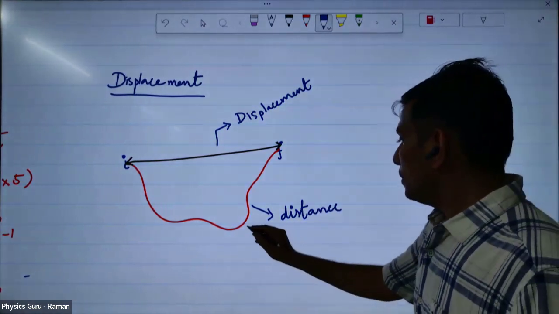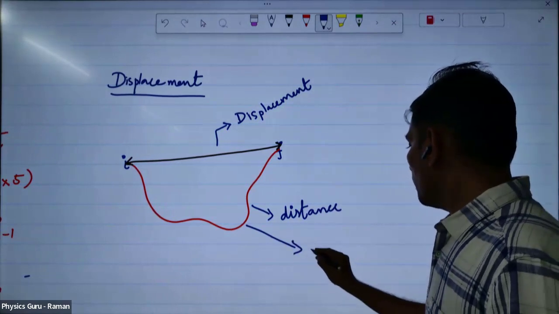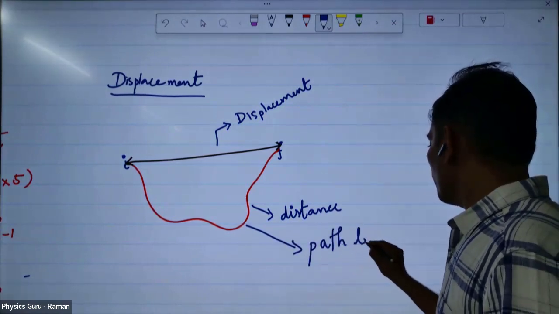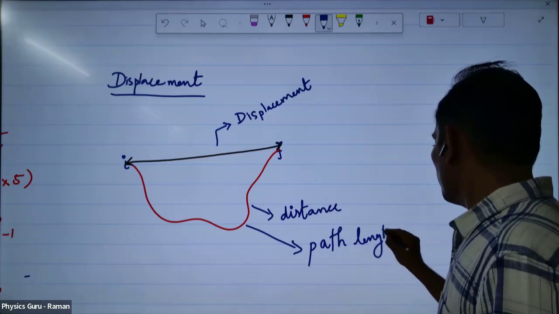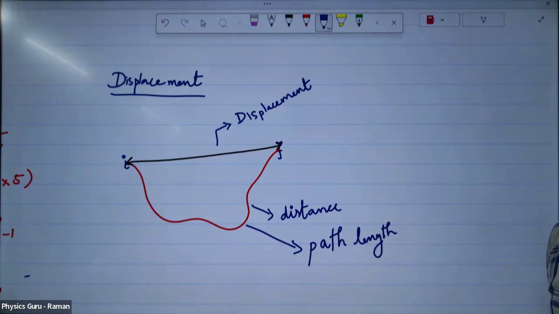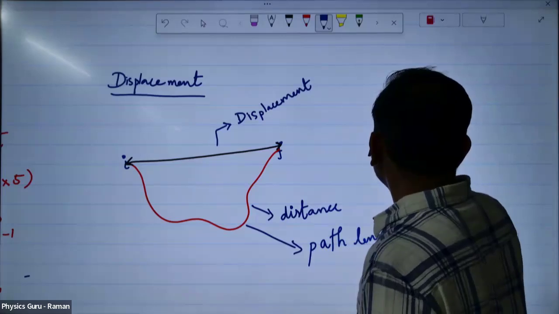In other words, this is also called path length. So also called path length. Got it? Yes, sir.